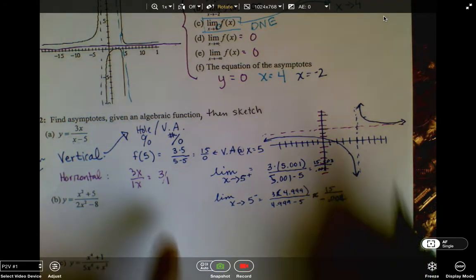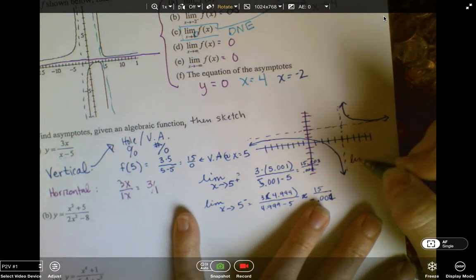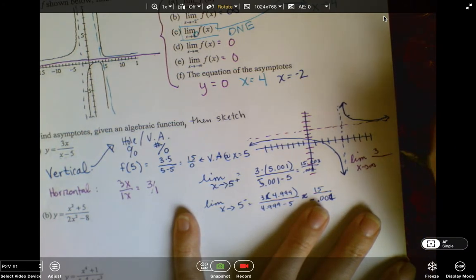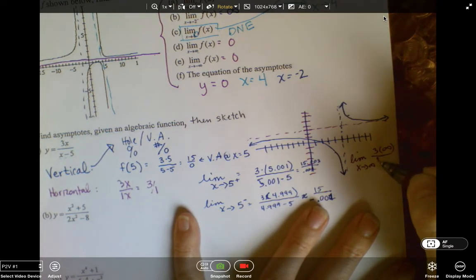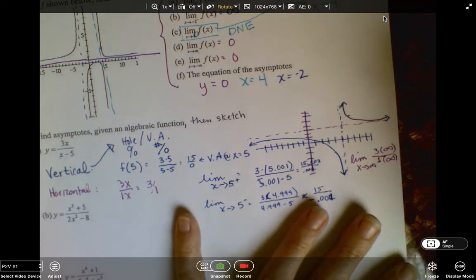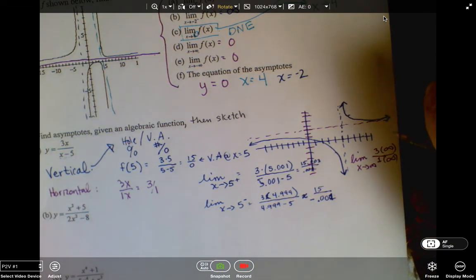If I wanted to, I could do the limit as x approaches infinity. I would get 3 infinities over 1 infinity. I could also plug in something like 1,000,000. What would I get? 3,000,000 divided by 1,000,000. That's still basically just 3. So this is going to come closer and closer to 3 as this number gets bigger and bigger.